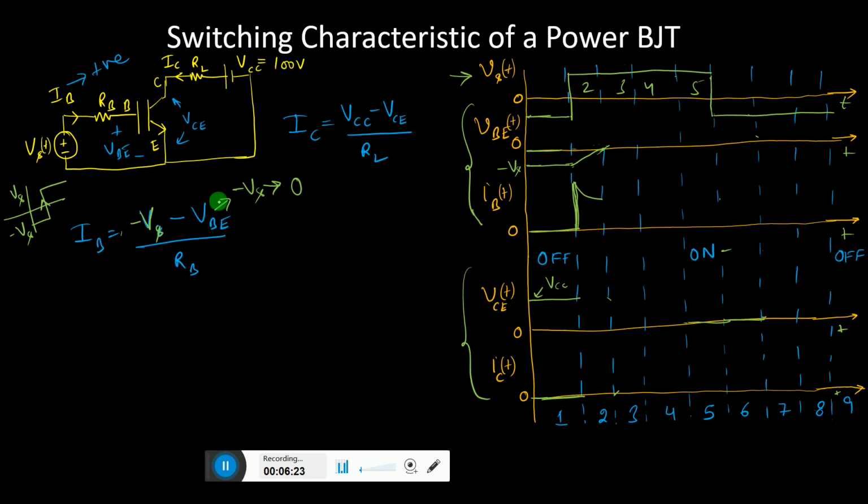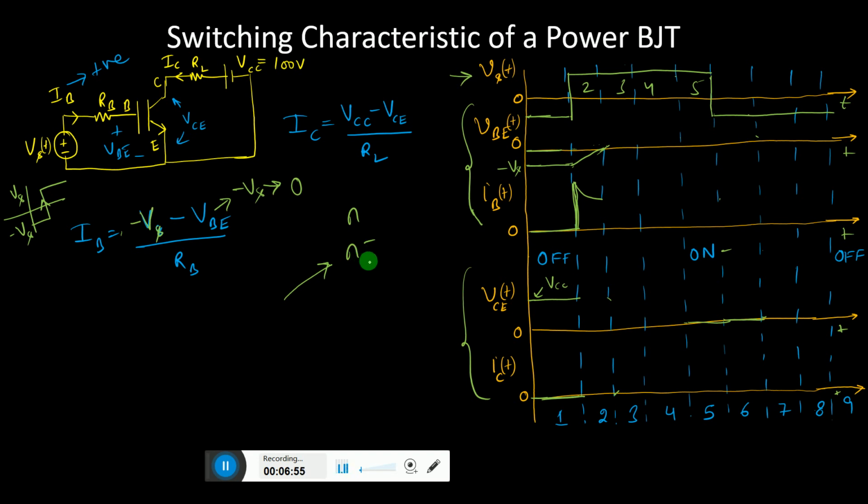In stage 2, we are expecting that there is a current in the IB, in the base, so there should be a drop in VCE, but it is not possible because this power BJT has got an extra layer, N minus, which is lightly doped. So minority charge carriers are being injected into this lightly doped layer.